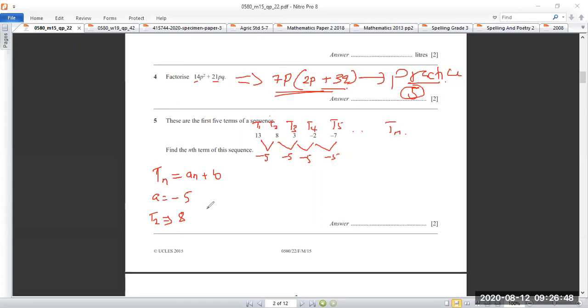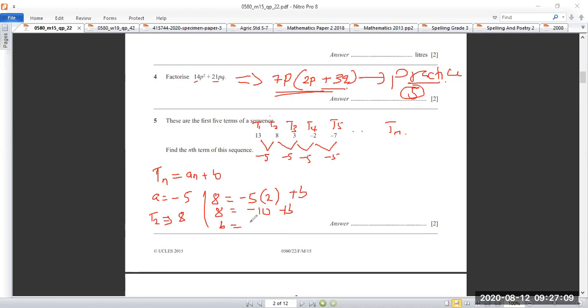Okay? So here we can say therefore 8 is equal to negative 5 times 2 plus b. Therefore 8 is equal to negative 10 plus b. So our b is equal to what?